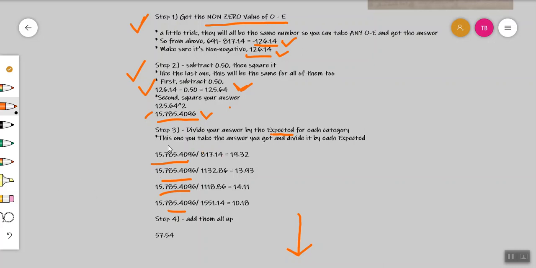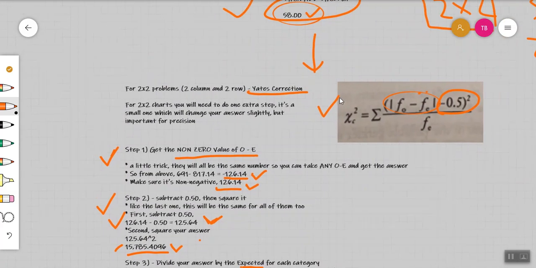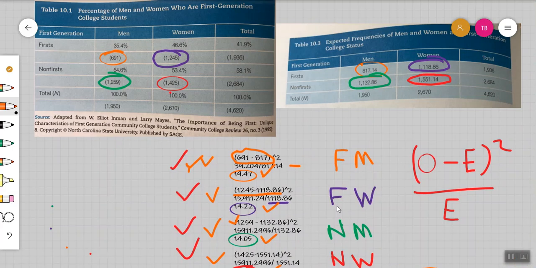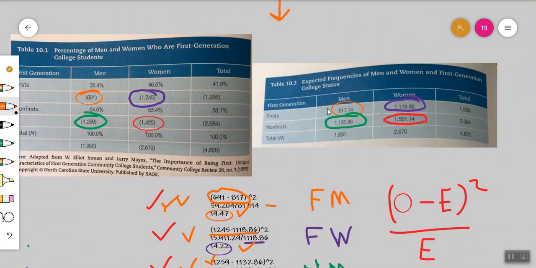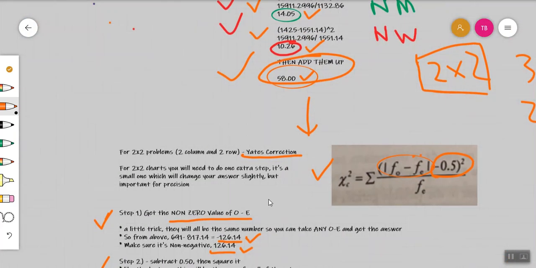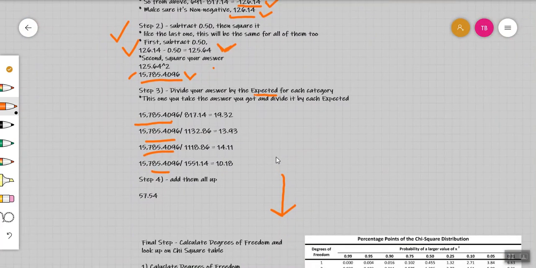So you take your 15,785.4096 divided by the expected category. These are all the expected categories from up here: 817, 1132.86. You can see we did it for each category: first generation men, first generation women, non-first generation men, non-first generation women. You get each of these answers.